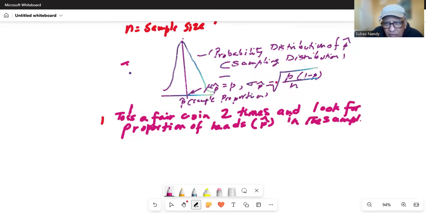So what are the four possibilities? Why four? Because we're starting with 2 coins.